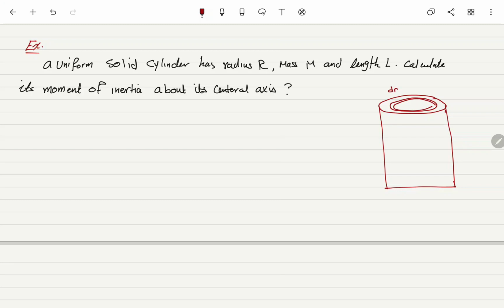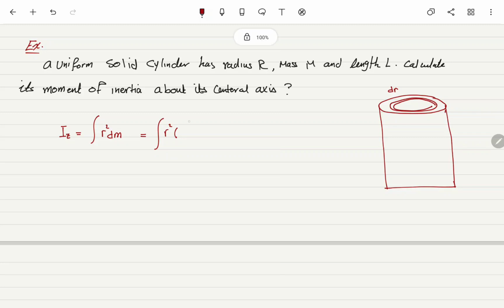Now the moment of inertia about the z-axis for this cylinder is Iz equal to the integral of r square dm, and it's equal to r square.